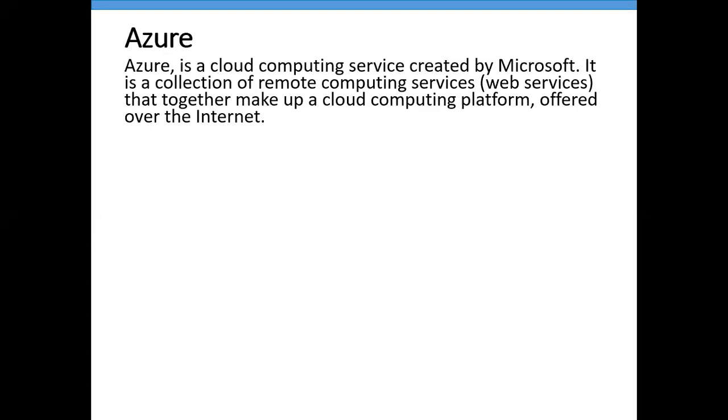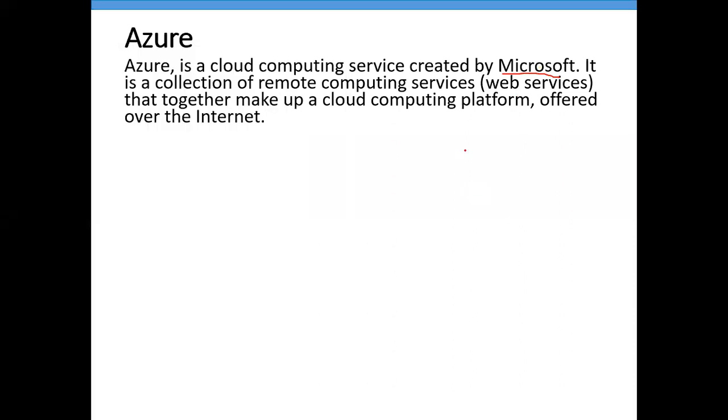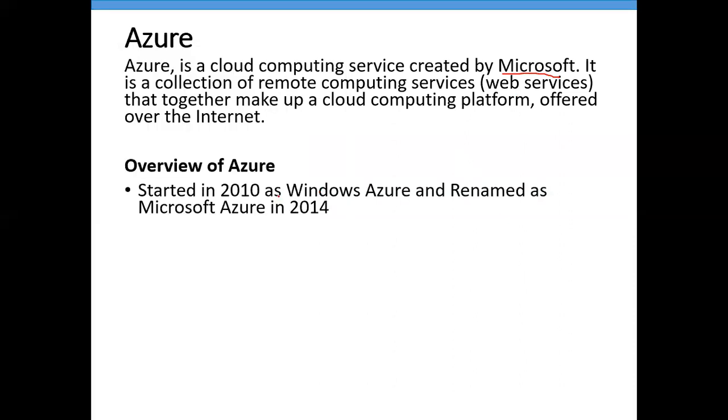Now coming to Azure. Who started Azure? We all know a company called Microsoft. We all use the Windows operating system. Which company has Windows? Microsoft. Microsoft started it in 2010 with the name Windows Azure, but in 2014 they renamed it Microsoft Azure.